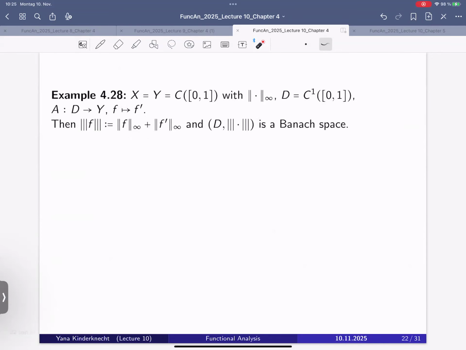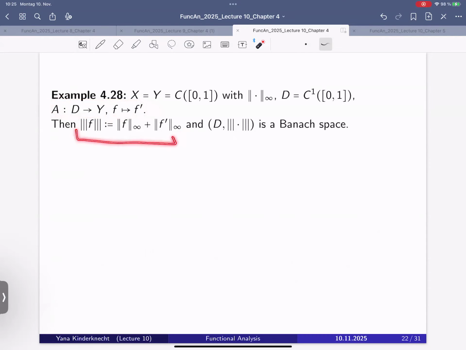So example, which we have already started to discuss. X is equal to Y is equal to the space of continuous functions on the interval from 0 to 1, endowed with supremum norm. Then these are Banach spaces. As a subspace, we consider C1 functions. And as a mapping, we consider the first derivative. Then the graph norm for this operator A is nothing else but this sum.